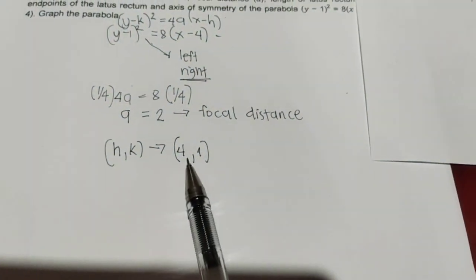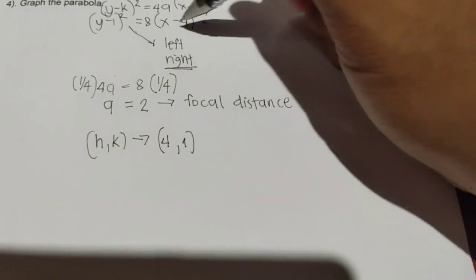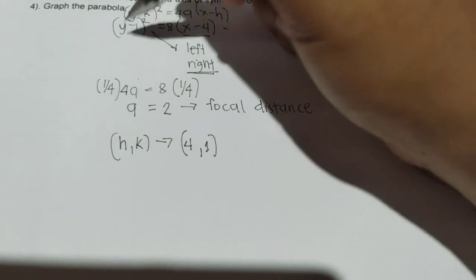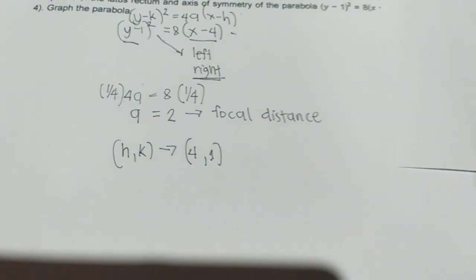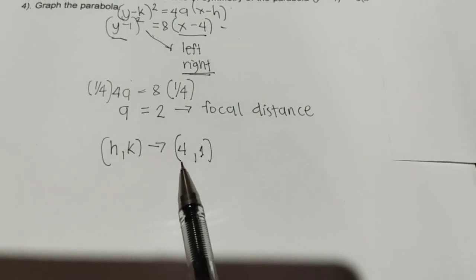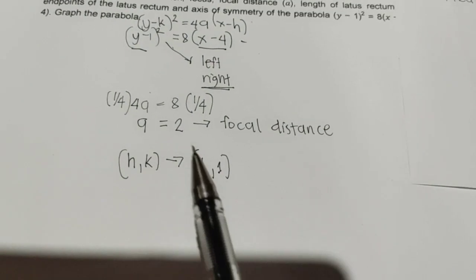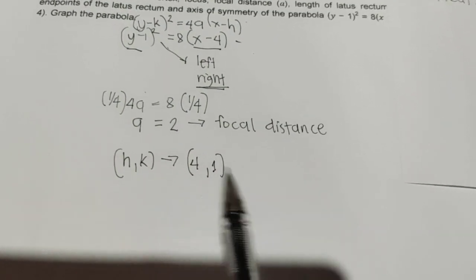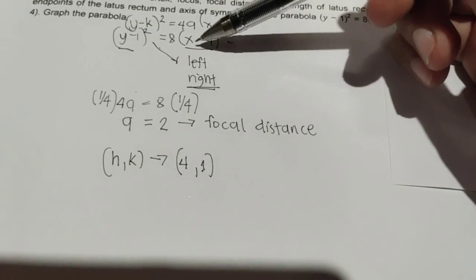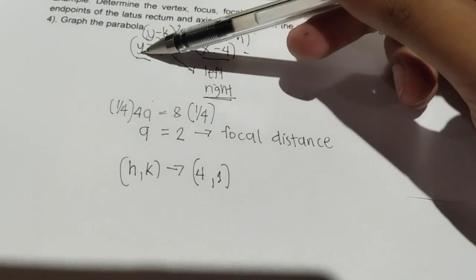We get 4 from the x minus 4 and 1 from the y minus 1. So we get the opposite sign of h and the opposite sign of k paired here in x and y.